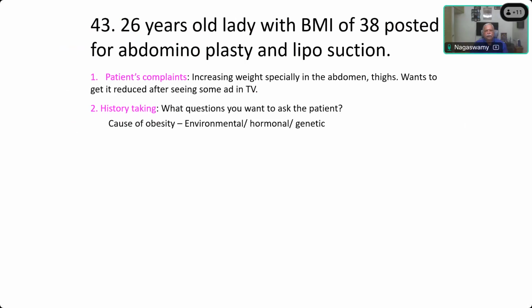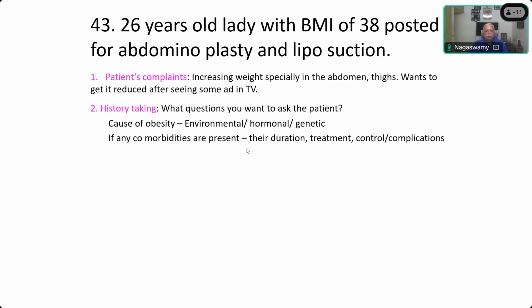Leptin and ghrelin are hormones for satiety and eating. Mutations in them will come under genetic, not environmental. Thyroid hormone: hypothyroidism will cause obesity, but that is not a direct genetic cause. Anyway, I'll show you the other names.